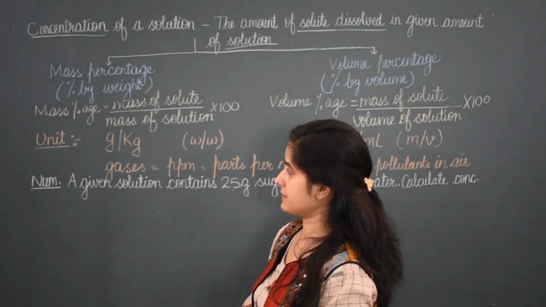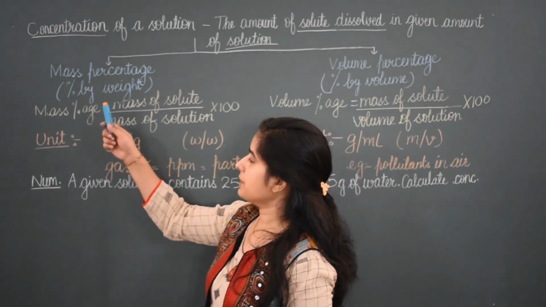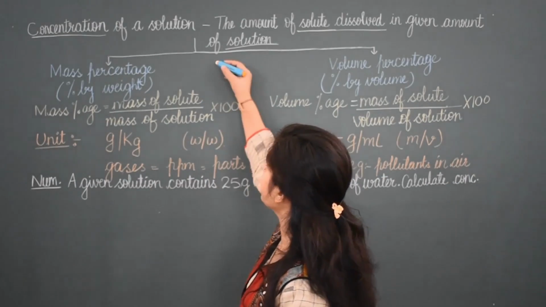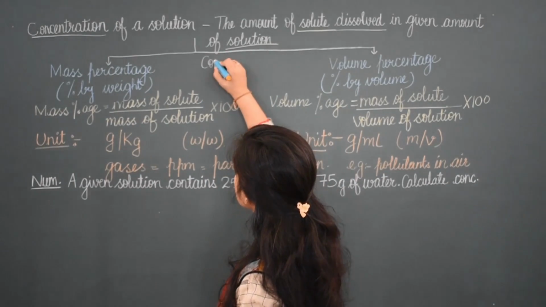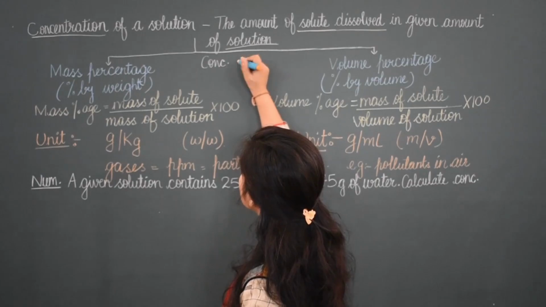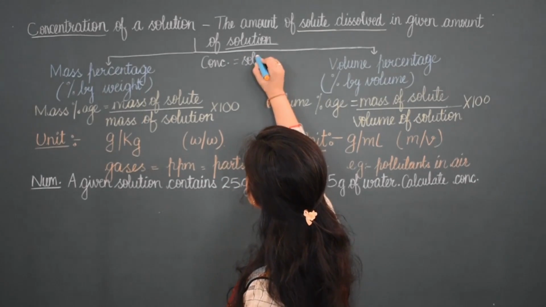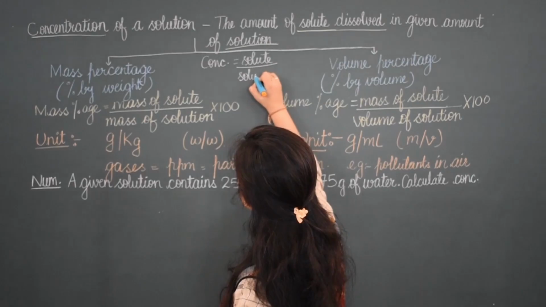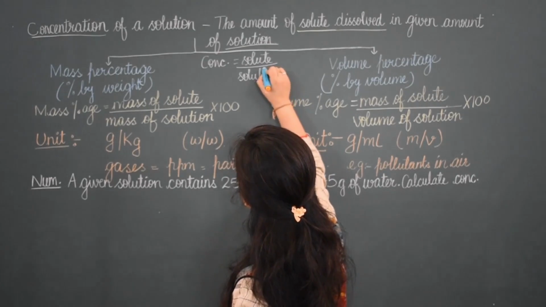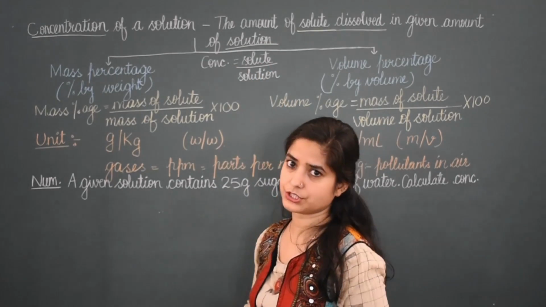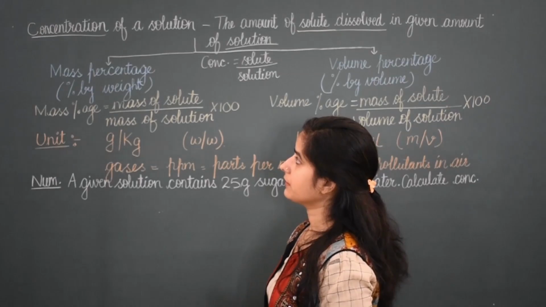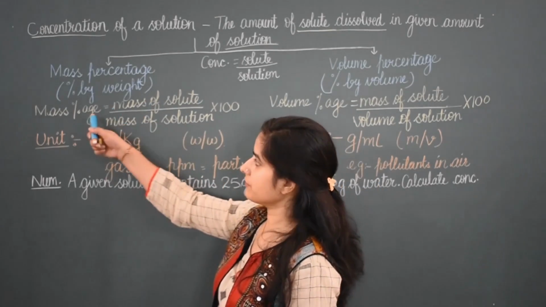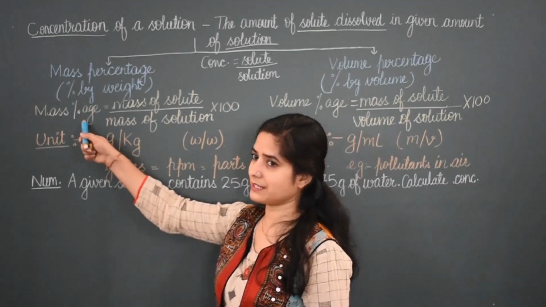into 100. Listen, first thing, if we are simply finding the concentration, then we write simply concentration, not percentage, and it is the amount of solute upon the amount of solution. But in numericals we find the percentage, so that's why we have to find the mass percentage.